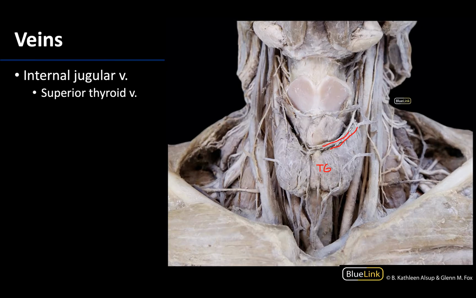And the icing on the cake, and what's going to really help you in terms of identification, is you can see it going all the way over here to drain into your IJV, or your internal jugular vein. And you know that's your internal jugular vein. It is running within that carotid sheath region. There is your common carotid artery. So all things point towards this being your superior thyroid vein.